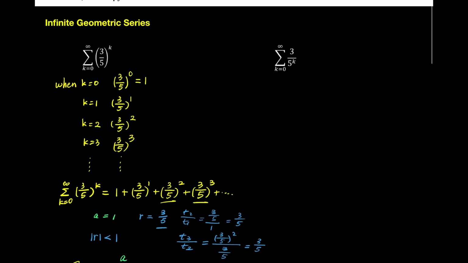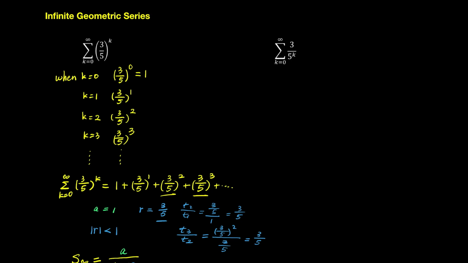Now let's return to the original form with this sigma notation. How can we determine the sum without expanding it? In other words, how do we find the values of the first term and the common ratio directly from this notation so we can plug them into the sum formula and evaluate the sum of the series?